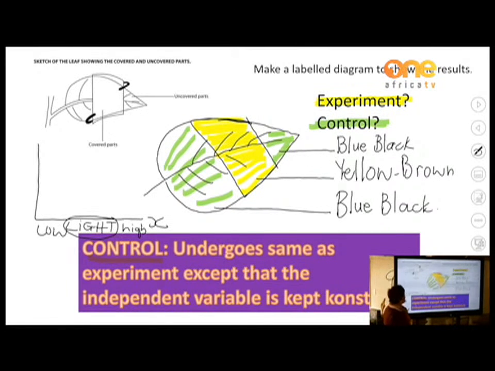So in our previous slide we said except the factor that is under investigation, or the independent variable. Light was in this case our independent variable because it was there or, by my control, taken away. And that is why we say it is the independent variable. I hope that you do understand that.